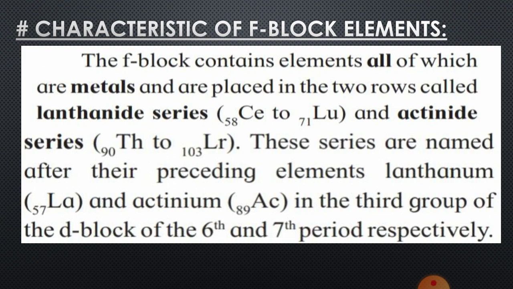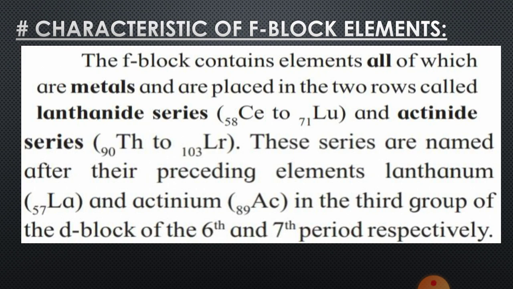Why are these series known as lanthanide series and actinide series? Because the preceding element for the lanthanide series is lanthanum, and for the actinide series is actinium. The atomic number for lanthanum is 57, while that of actinium is 89.